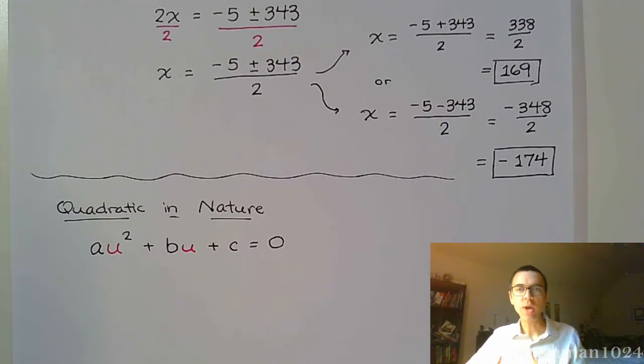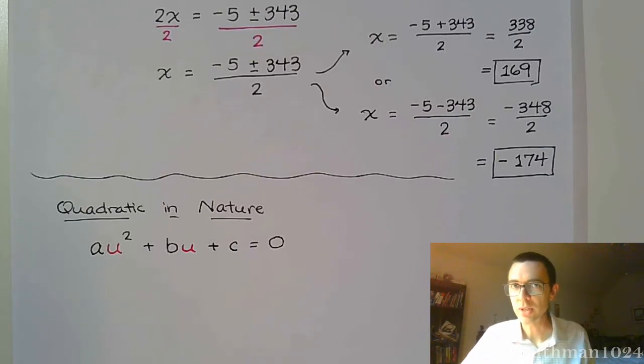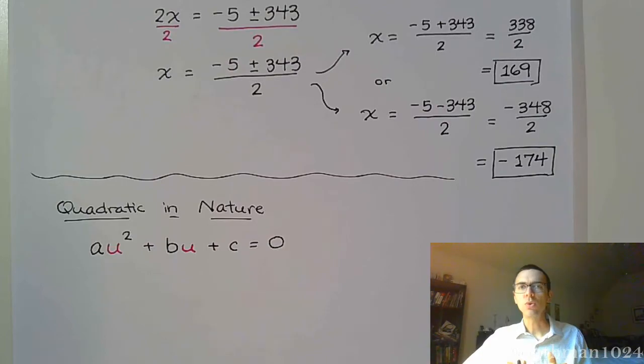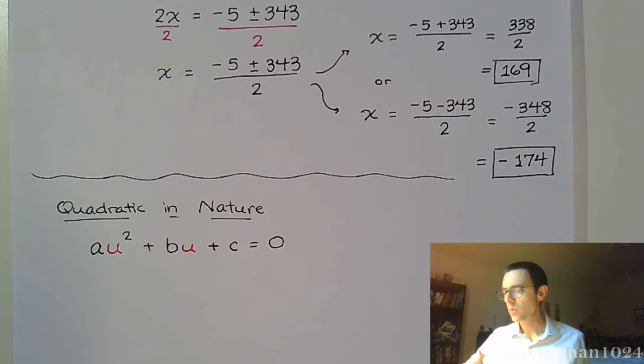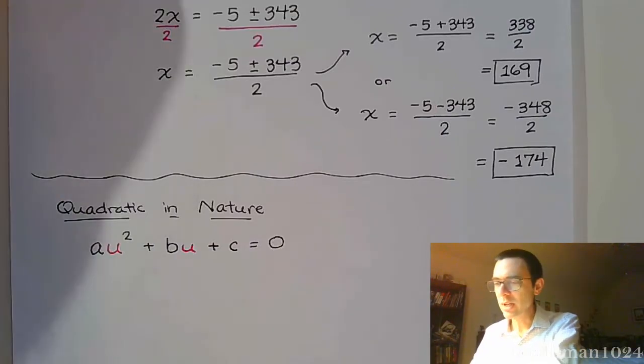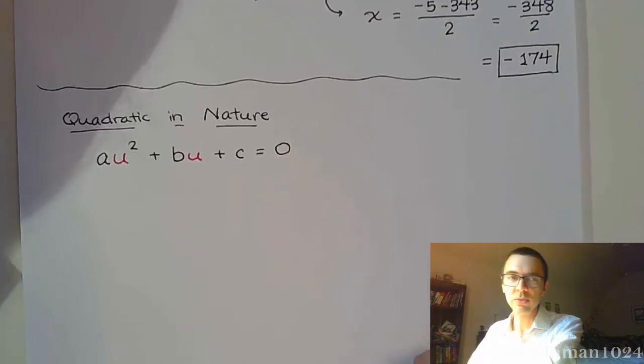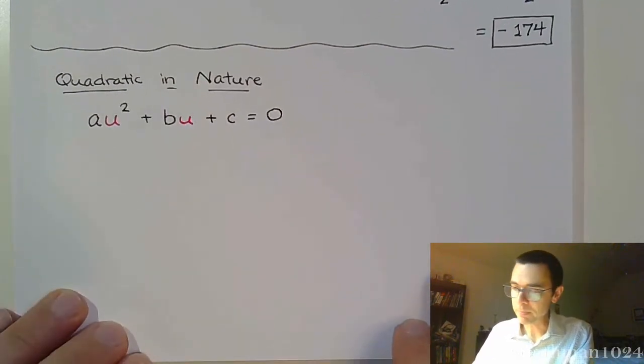Instead of having the x's, you have u, where u is going to represent some other variable expression. It could be something nice and simple like x squared. It could be something more complicated like a big fraction or a big expression like 3x minus 7. Okay? So let's just work through a nice little example of this and see how it can be.